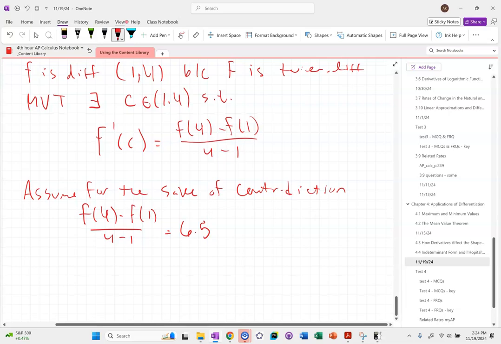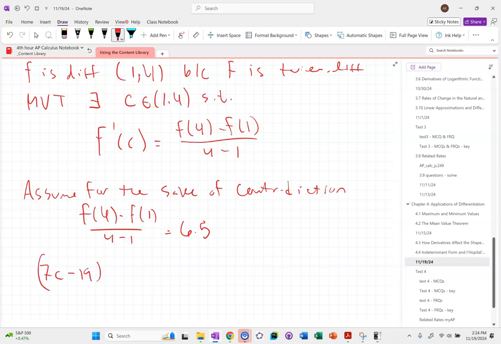So if I take 7x and plug c in for the derivative, it has to equal 6.5, right?